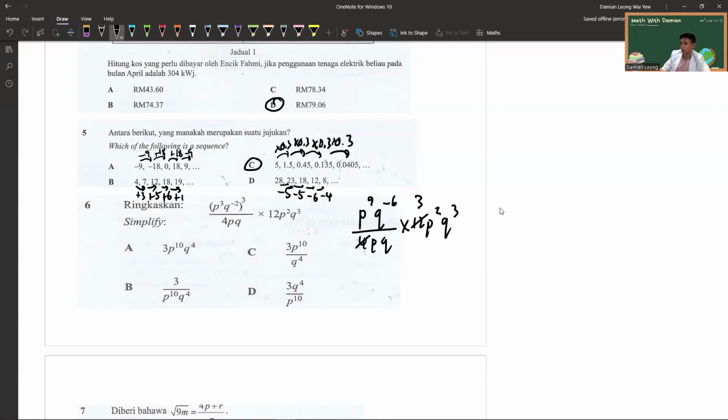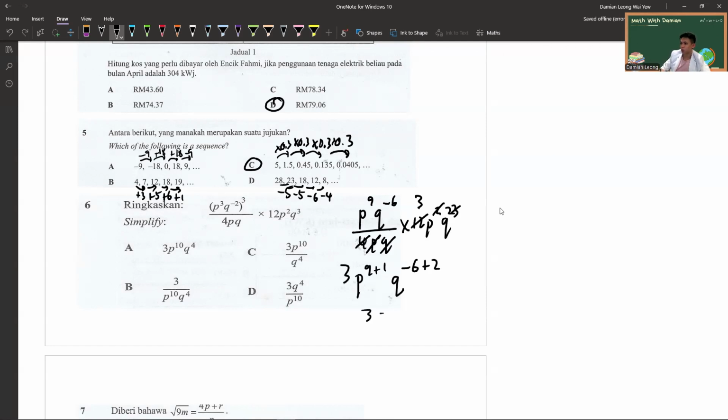P, I can cut one of the P. Q, I can cut one of the Q, becomes Q square.